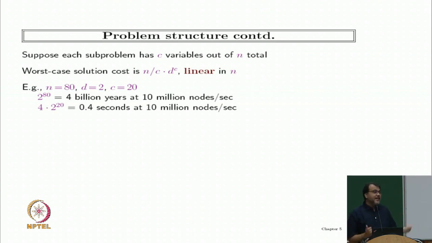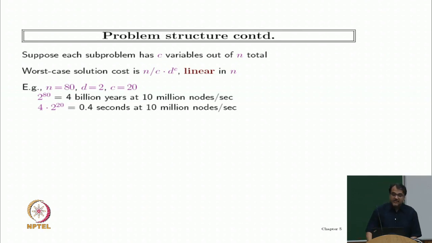So therefore, if I have problem structure, and I can figure out that there is a problem structure which I can use. Now, in specific problems, a human can figure it out. In a general problem, you want to find an algorithm which can figure out problem structure, which leads us to more advanced CSP algorithms, which we will not get into. But there are algorithms which analyze the problem structure, analyze the constraint graph, and figure out which kind of CSP algorithm we should try here.